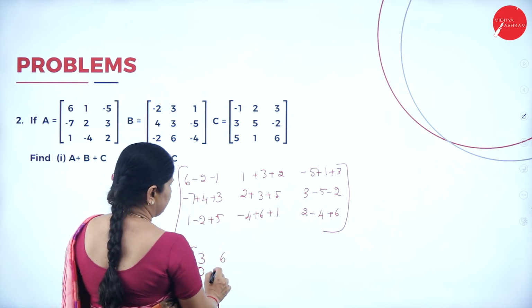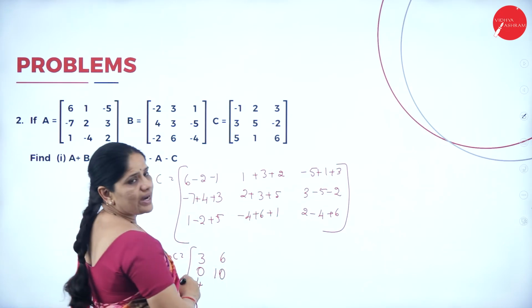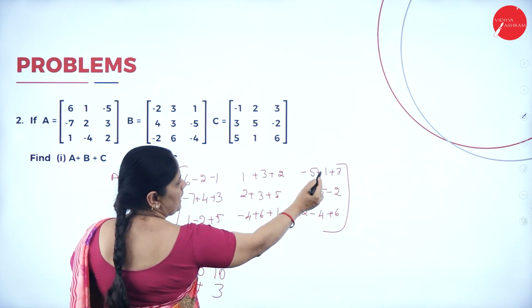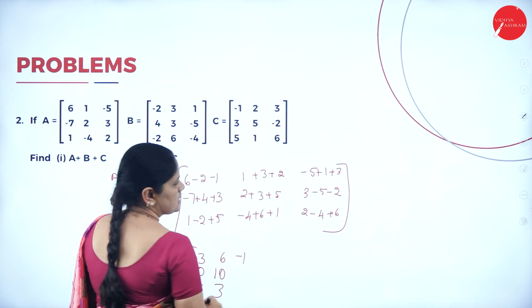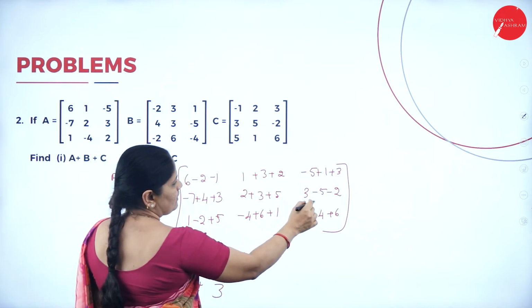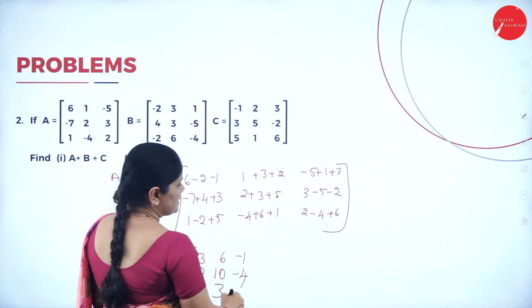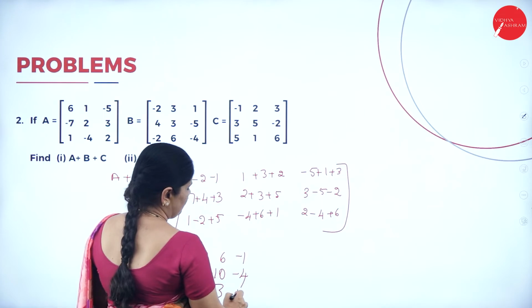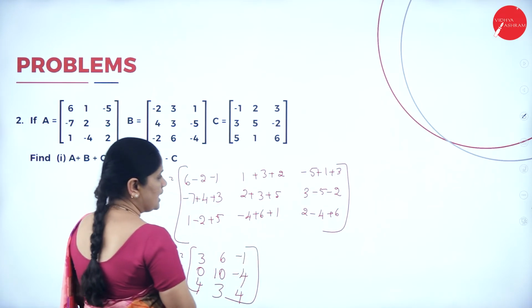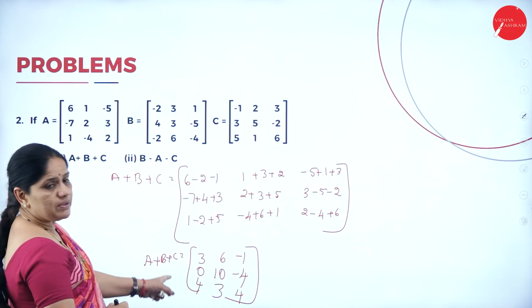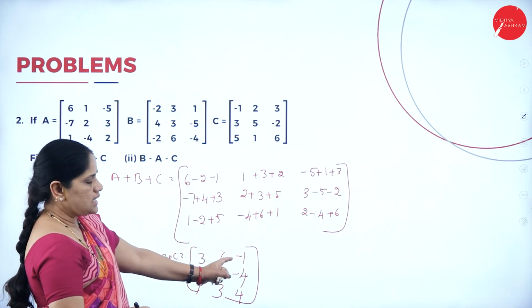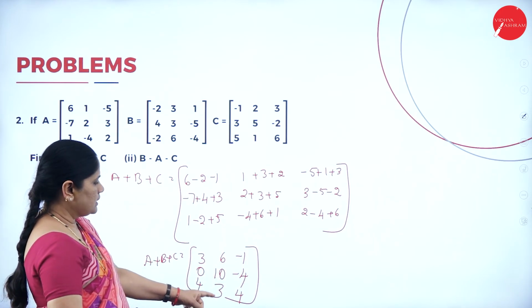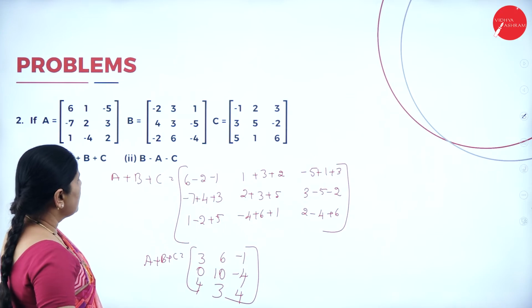So 5 plus 5 is 10. 6 plus 1, 7, minus 4 is 3. Minus 5 plus 4 minus 1. So minus 7 plus 3 minus 4. So 6 minus 4 is 2 plus 2 is 4. So A plus B plus C equals 3, 6, minus 1, 0, 10, minus 4, 4, 3, 4. So this is the answer.